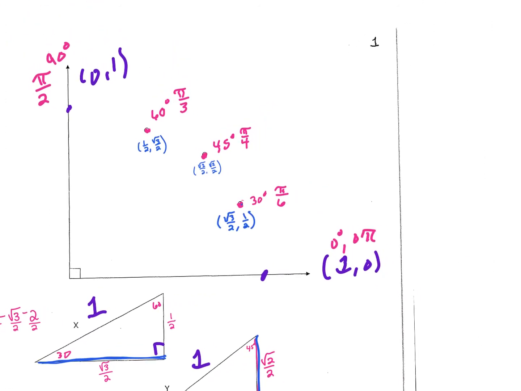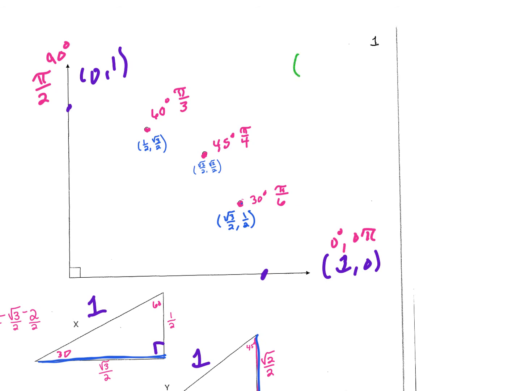So here's what you've got to remember. I like to write this as, you have your coordinate point there as x comma y. The cosine value corresponds to the x and the sine value corresponds to the y.